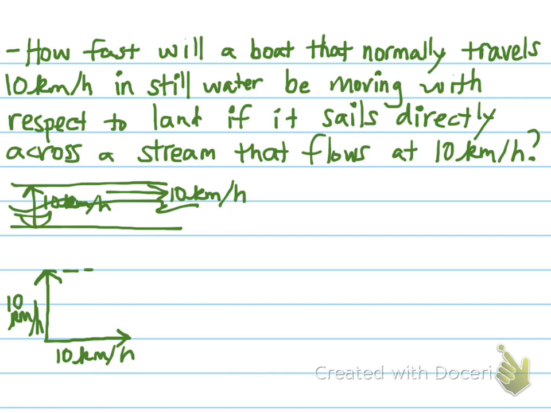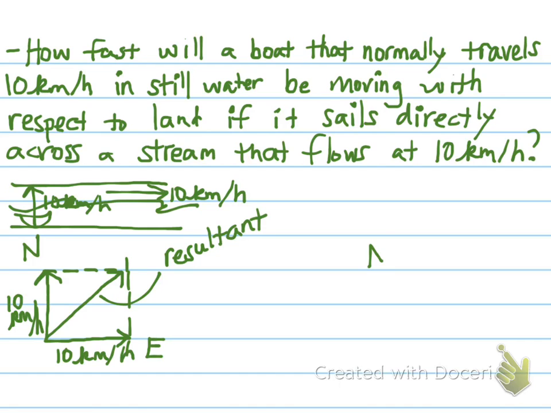So again, I'm going to make my rectangle, and here's my resultant velocity. In terms of direction, if we call this north and we call this east, we can tell already that the direction of my velocity is definitely going to be northeast.